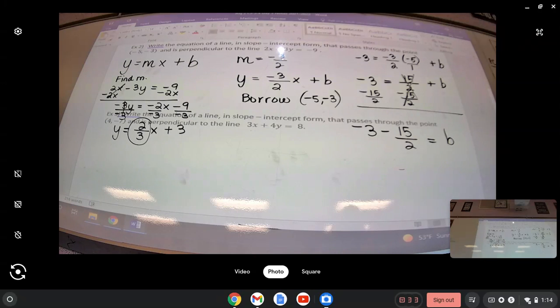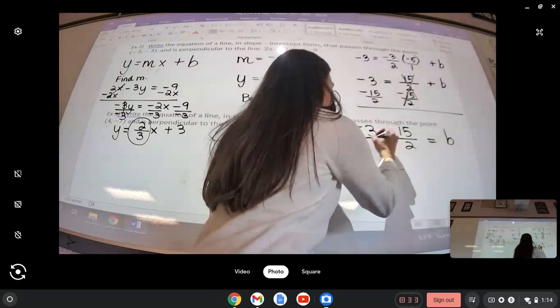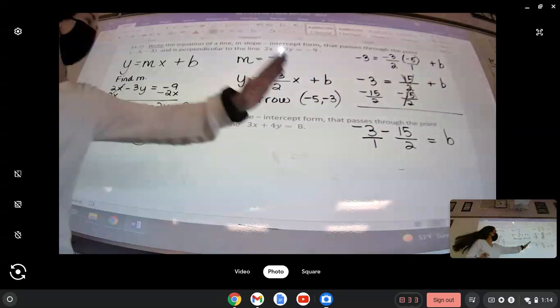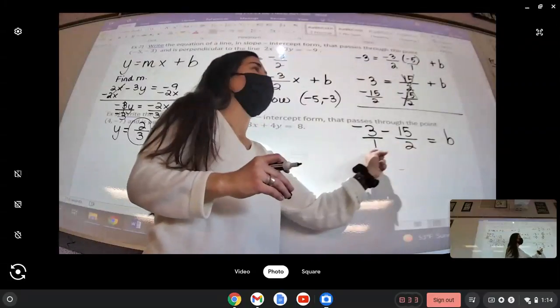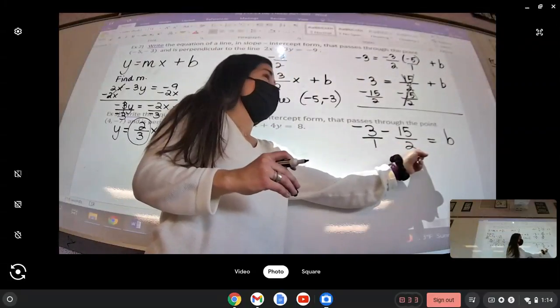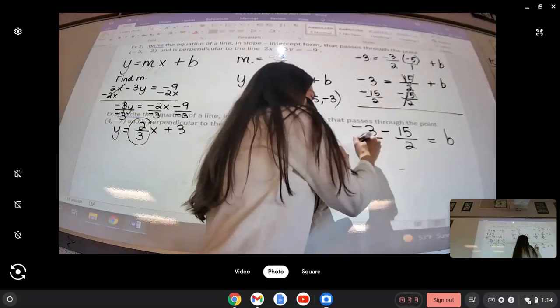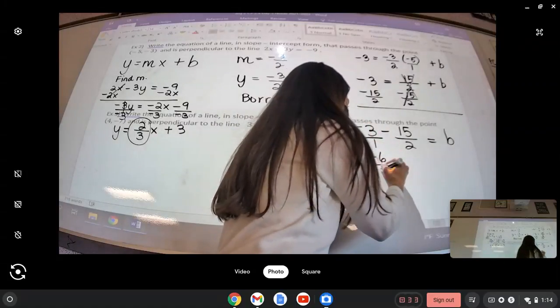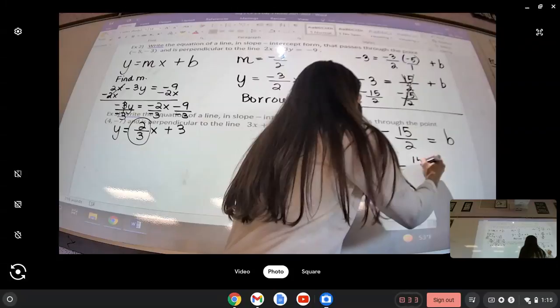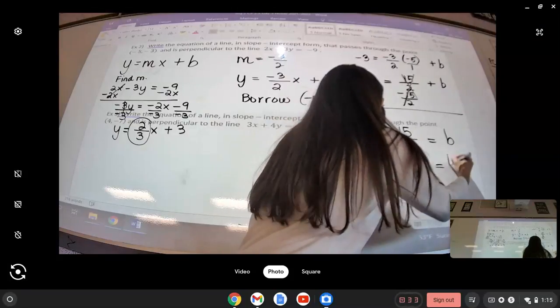Let's go. All right, look at this one. I just put the -3 over 1. Now I'm going to get a common denominator. What's a common denominator between 1 and 2? 2, right? So I'm going to make this a 2 by timesing it by 2, which means I have to times the top by 2, which means you get -6 over 2 minus 15 halves.